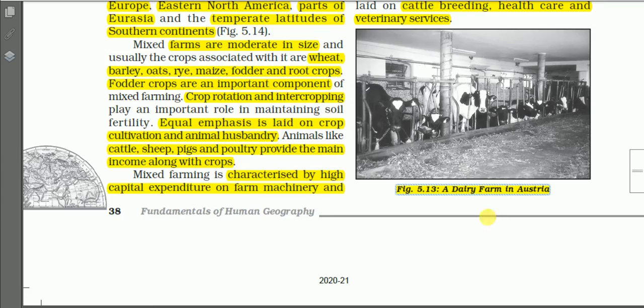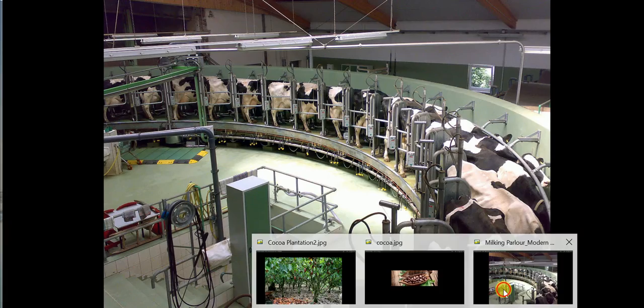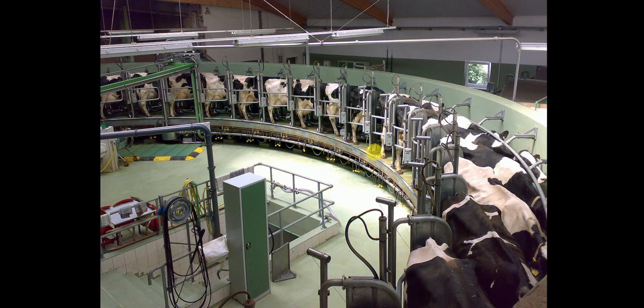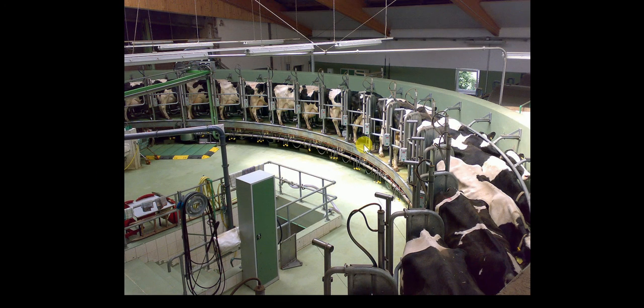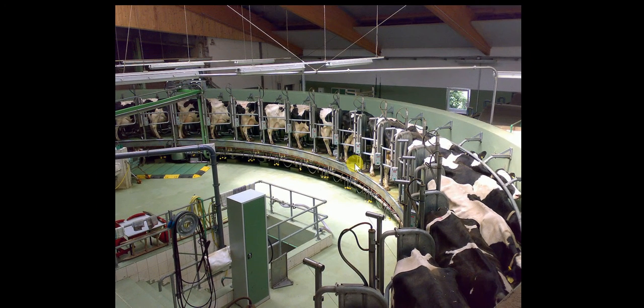And one more in Germany. In Germany they have rotary systems, and here also milking is going on. It is known as a milking parlor. It is in Germany.